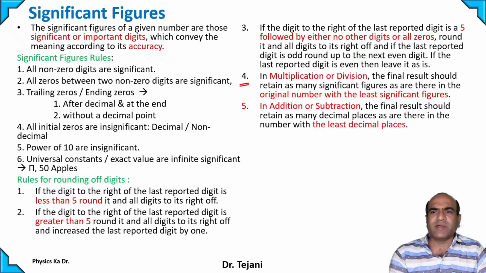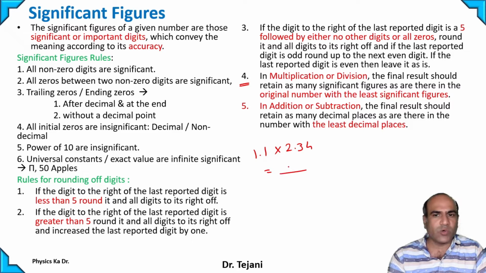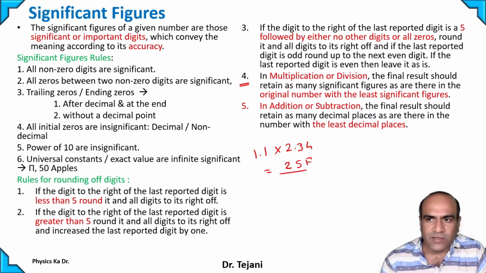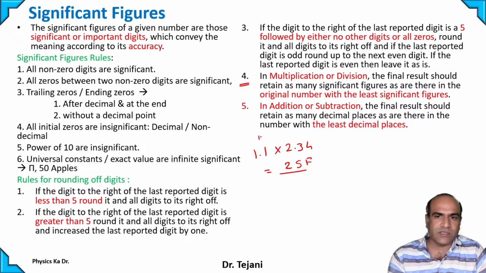Now multiplication. In the case of multiplication, say for example 1.1 multiplied by 2.34, whatever the answer is, it should hold two significant digits, because it follows the original number with the least significant figures. Here 1.1 has two significant digits, and 2.34 has three.